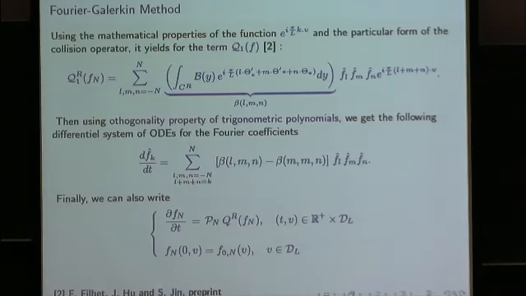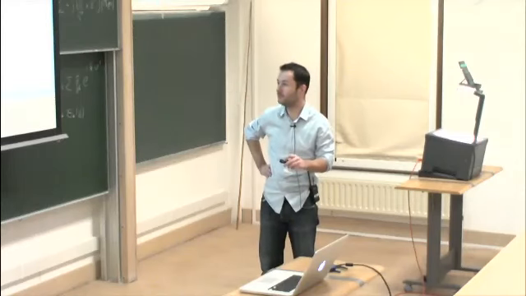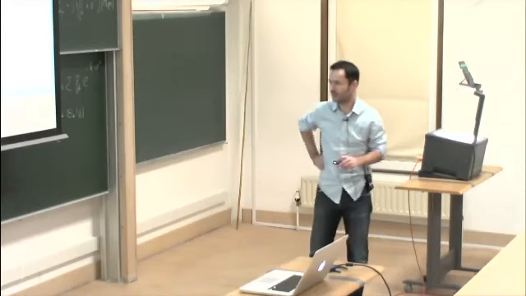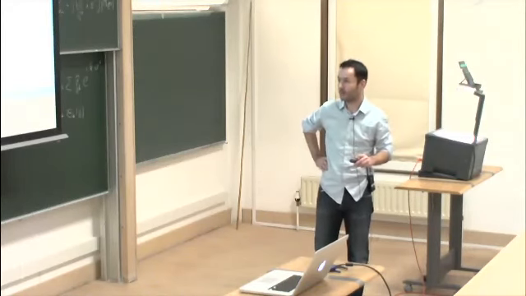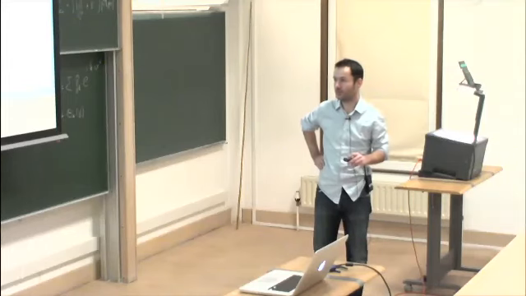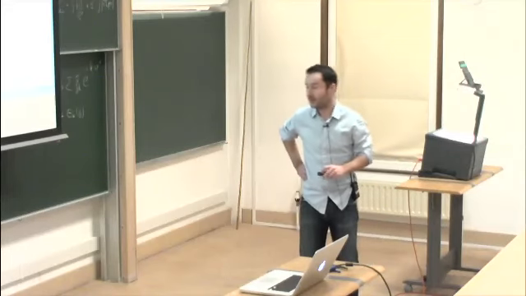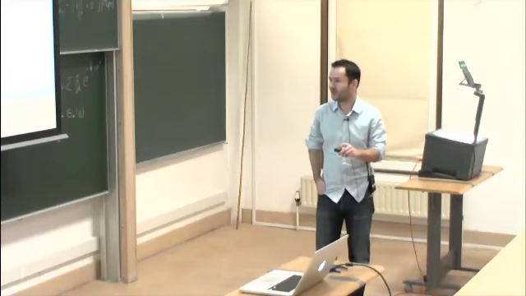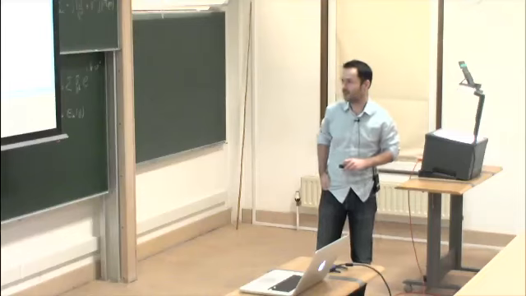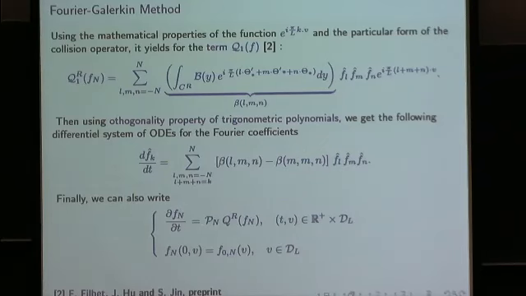approximating the Boltzmann equation by a Fourier-Galerkin method can be described by this equation here, where you approximate your initial data by a truncated Fourier series, then you compute the collisional operator. You apply the collisional operator to this truncated Fourier series, and then, since it is a cubic operator, you project.